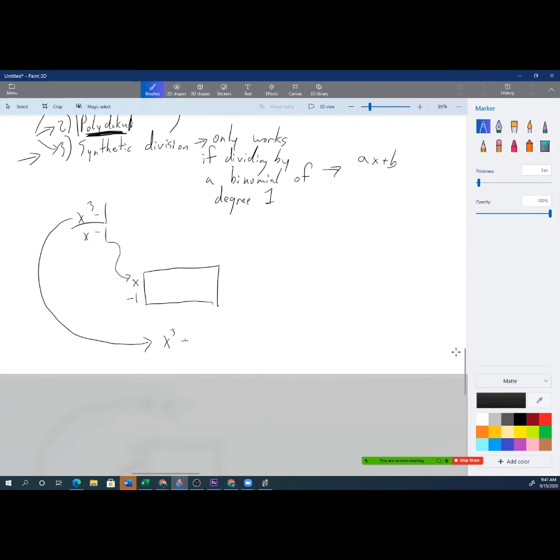We put it down below, and an important step here is you do need to remember for every x value that is missing from your problem, you do need to put in a placeholder of 0 times that number of x's.